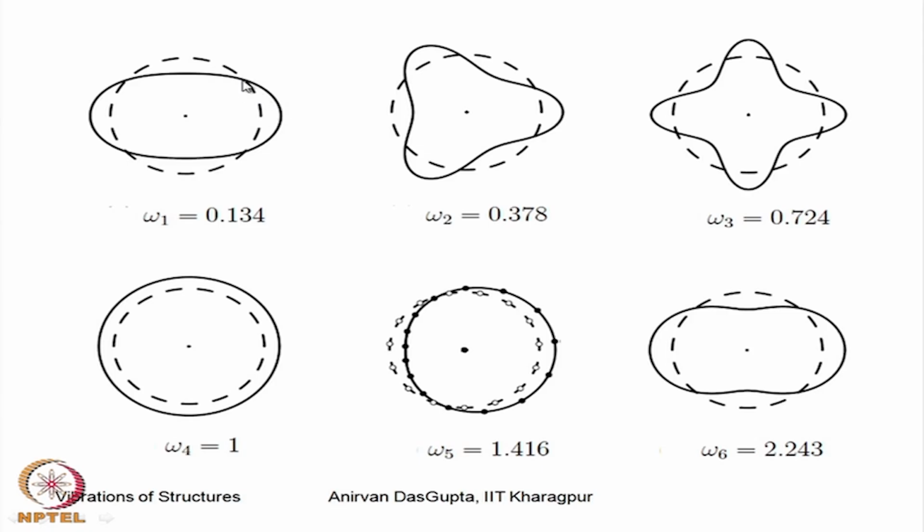So, if a node is considered to be a point at which there is no motion, then this might not be a node. For example, here this is definitely not a node. So, occurrence of actual nodes has to be checked by looking at motion of material points on the ring.